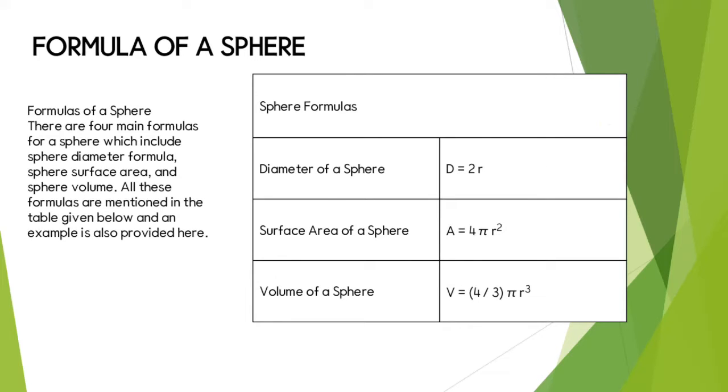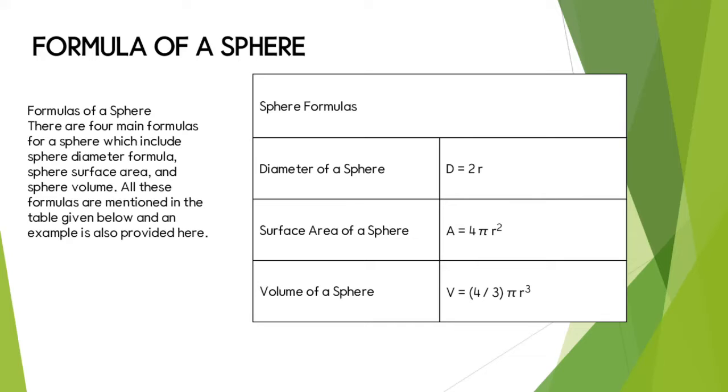So here are the formulas of a sphere. There are four main formulas for a sphere, which include the sphere diameter formula, sphere surface area, and sphere volume. All these formulas are mentioned in the table given, and an example is also provided here. So here are the examples of sphere formulas.